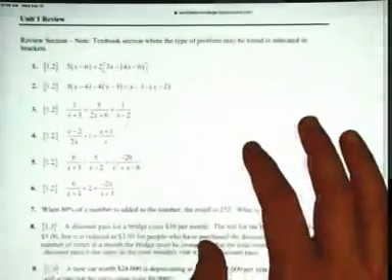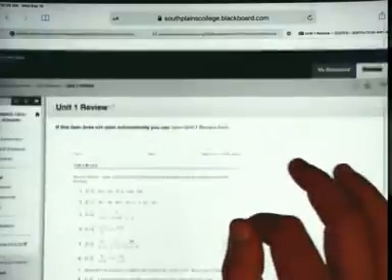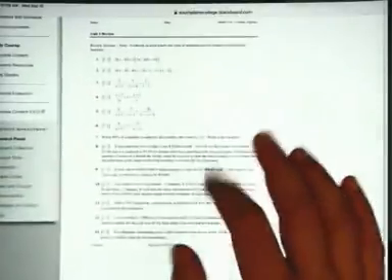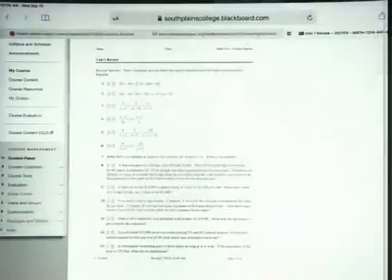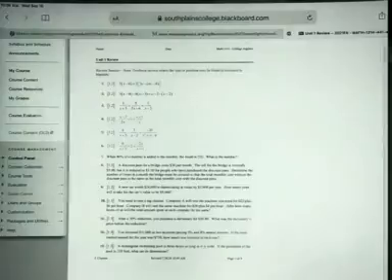Well, let's see. Where's the rest of the pages? Why is it not loading up the rest of the pages? Pages are all there.